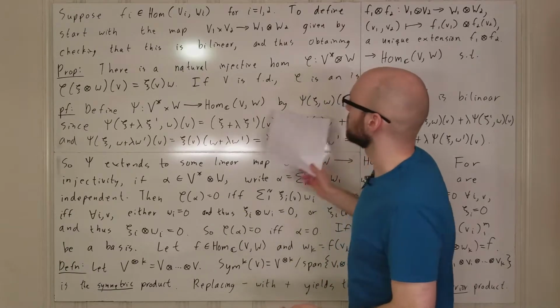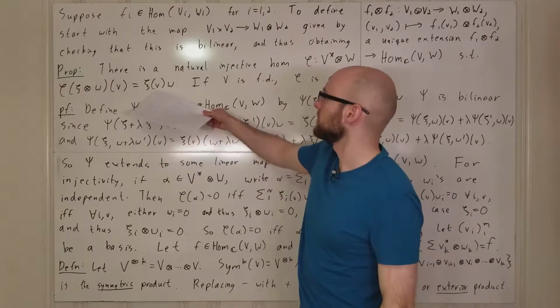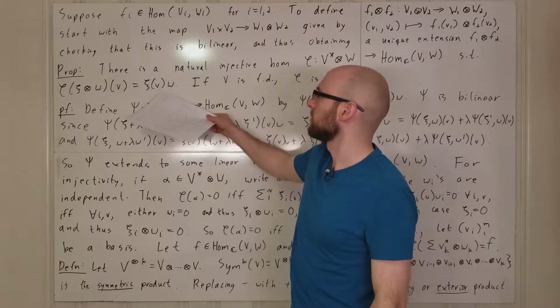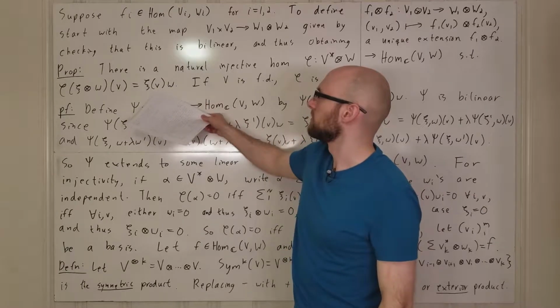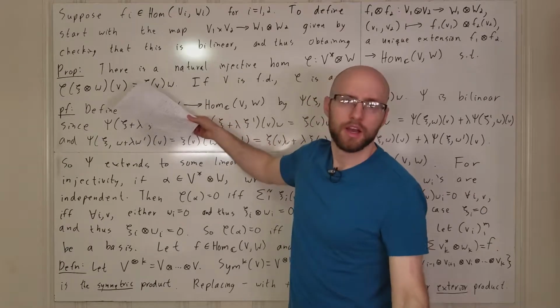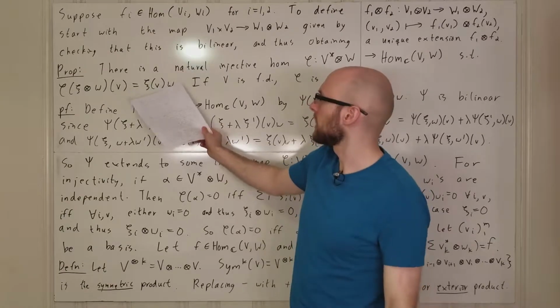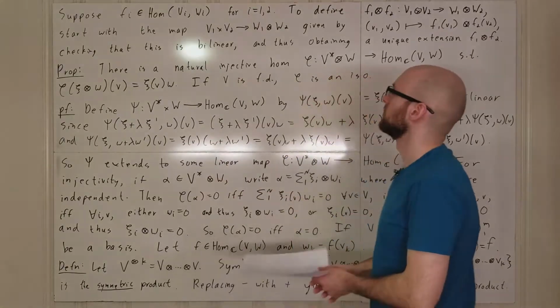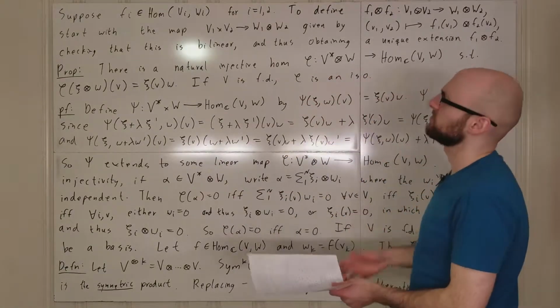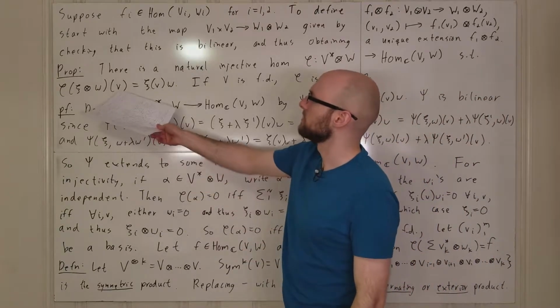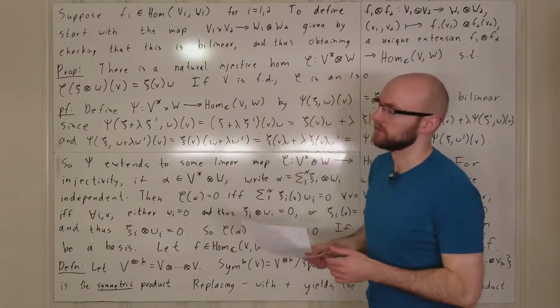Xi is in V star, so you plug in an element of V to it, and then you just multiply, and so xi of v is going to give you some complex number, and you're just multiplying that by w. So I guess I should say here for all v in capital V.